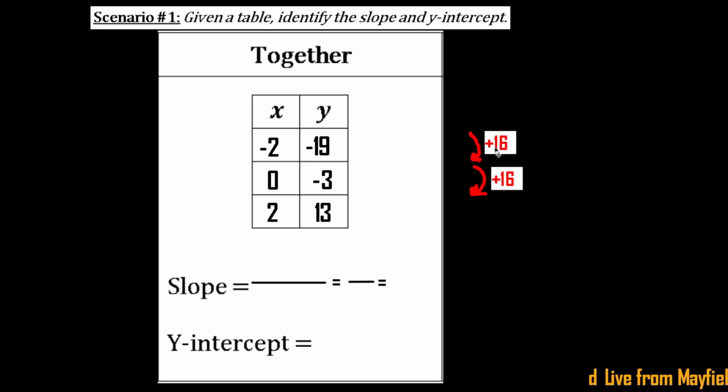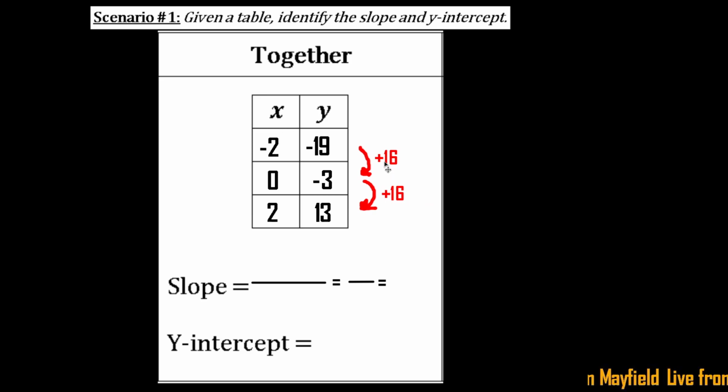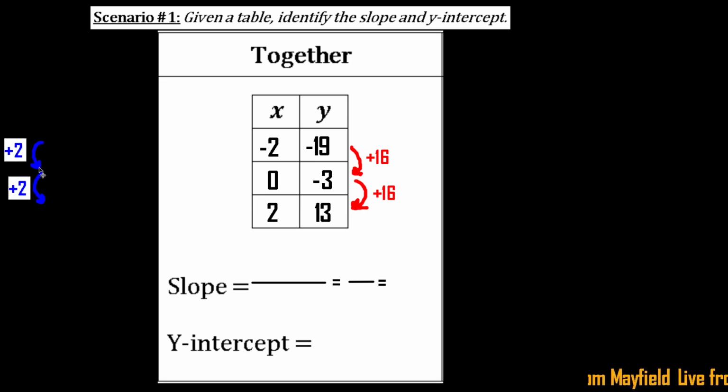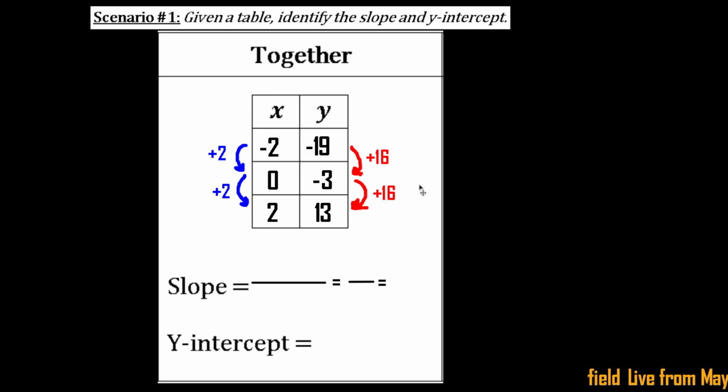How would I go from -3 to 13? I'd have to increase in steps of +16. So my y values are increasing by 16, and my x values are increasing by +2. For each of these two x's, I have a +16 in y.